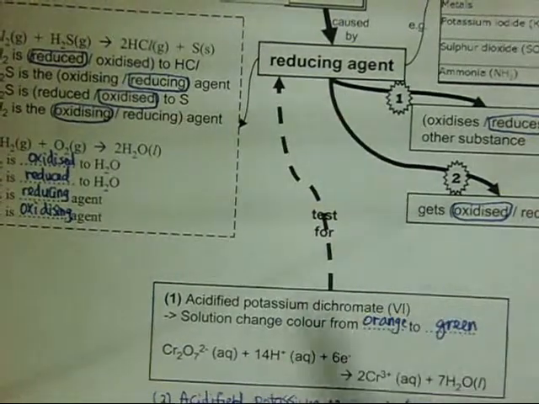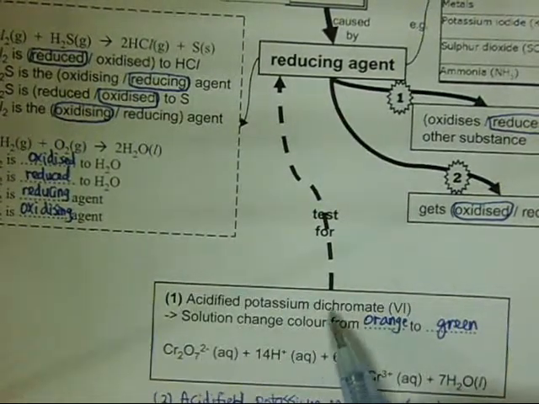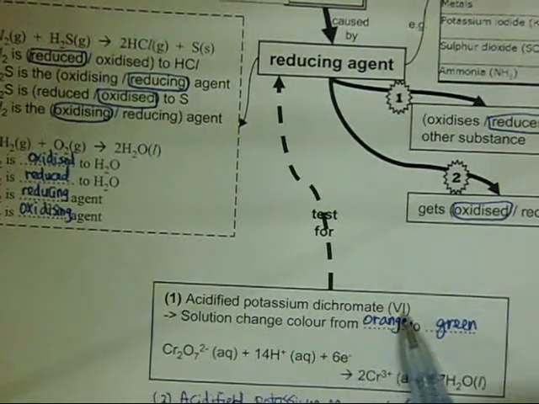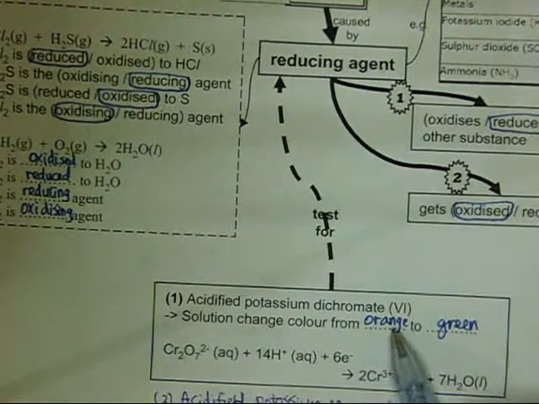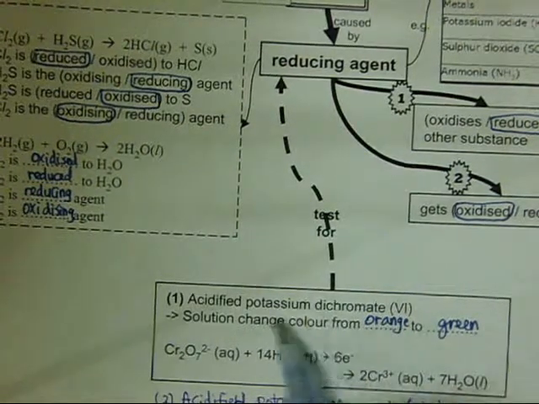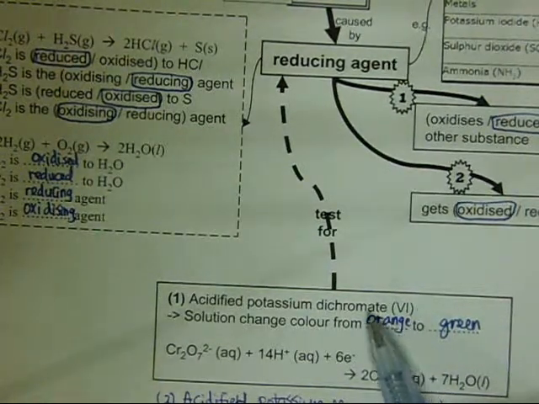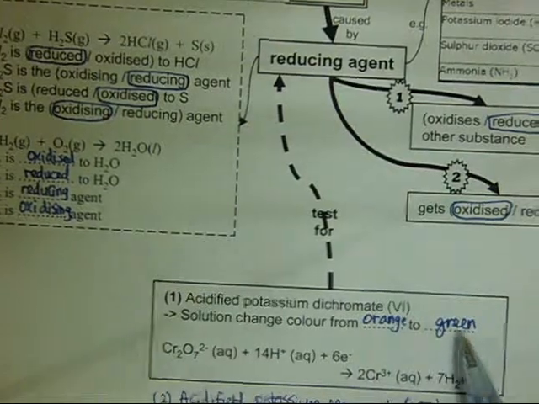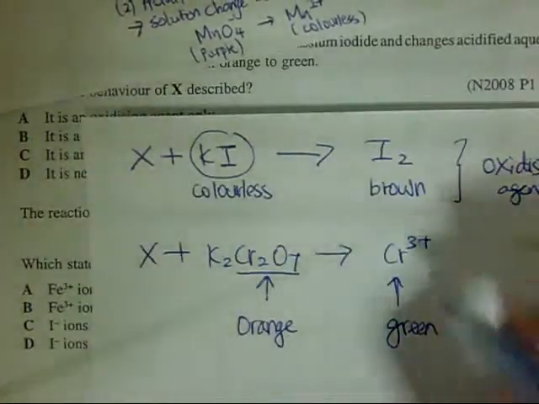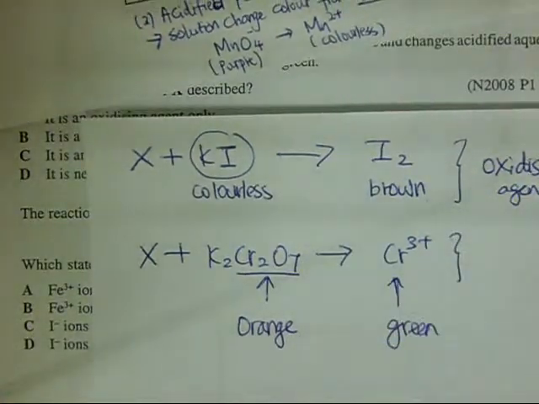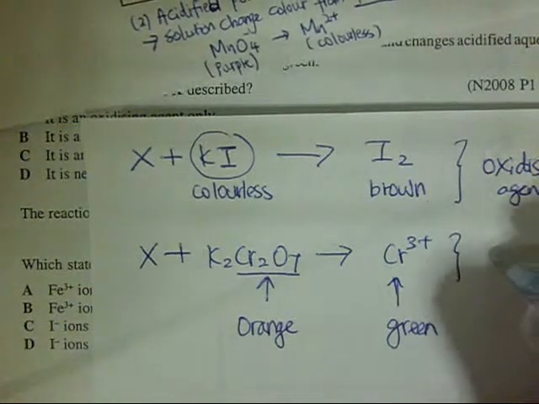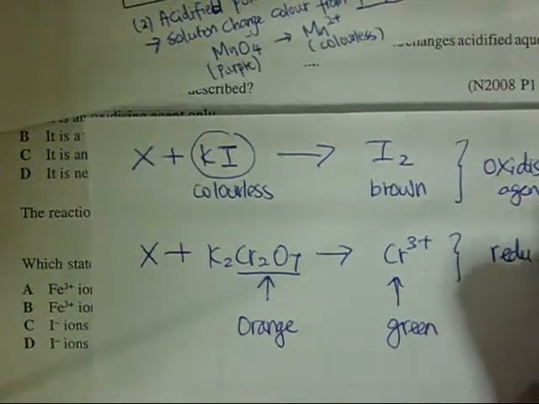That means when a reducing agent is added to acidified potassium dichromate(VI), the color will change from orange to green. Its initial color is orange. Then after that, if you add a reducing agent, it will change from orange to green. So the second part of the sentence basically tells you that your X is a reducing agent.